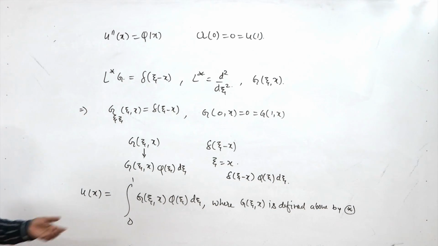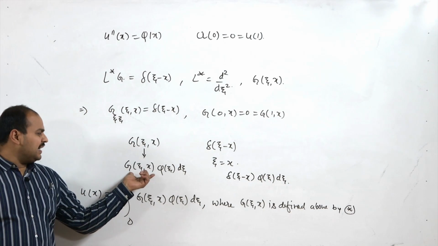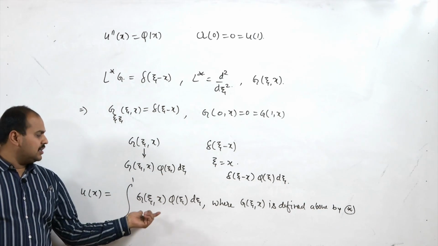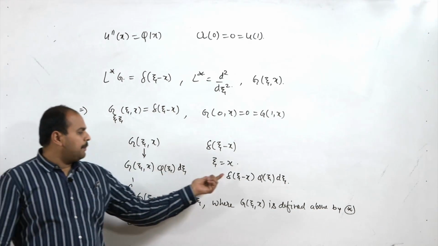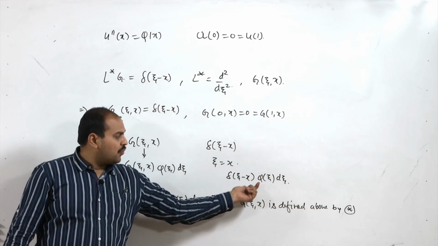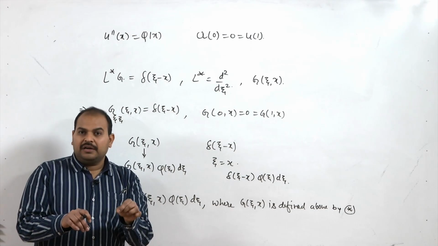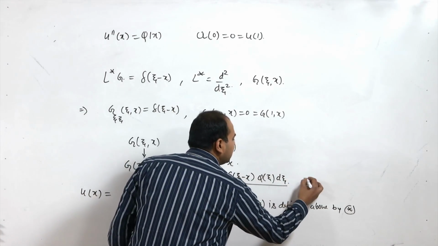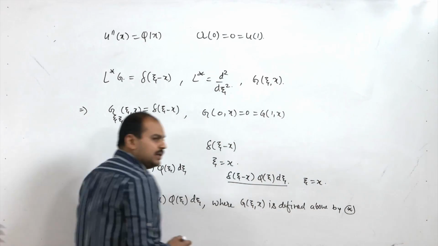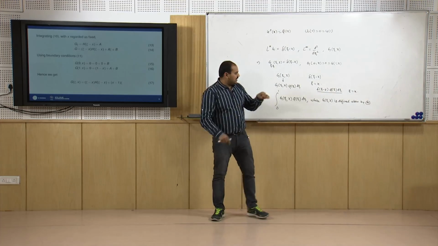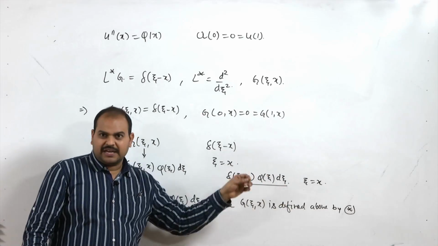So it means that g(xi, x) phi(xi) d xi is the deflection in the string when you apply delta(xi minus x) phi(xi) d xi force at point xi equal to x. So this is the force we are acting at xi equal to x. Now this xi is a variable point. Right now we are considering only the fixed point xi equal to x.